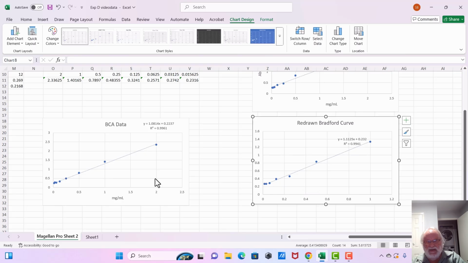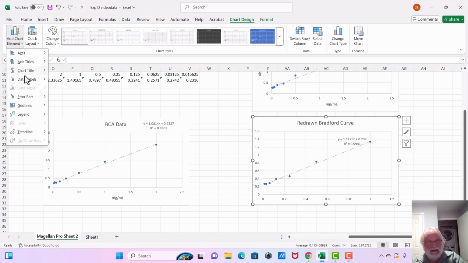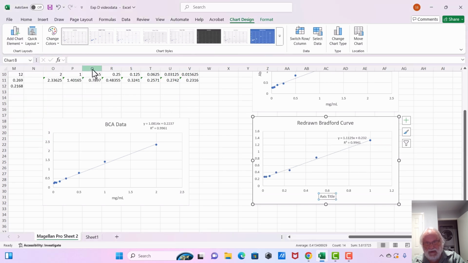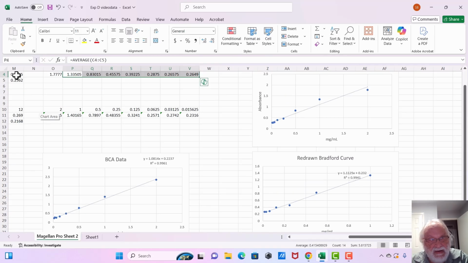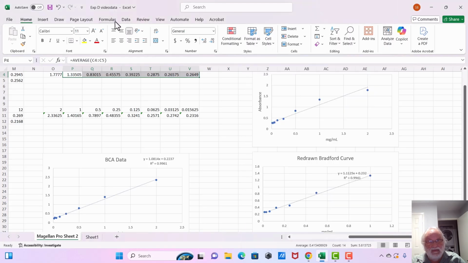So these two standard curves look very good at this point. And at this point, add element, axis titles, primary horizontal as milligrams per ml. Put that up there. The conditional cell type, page draw.